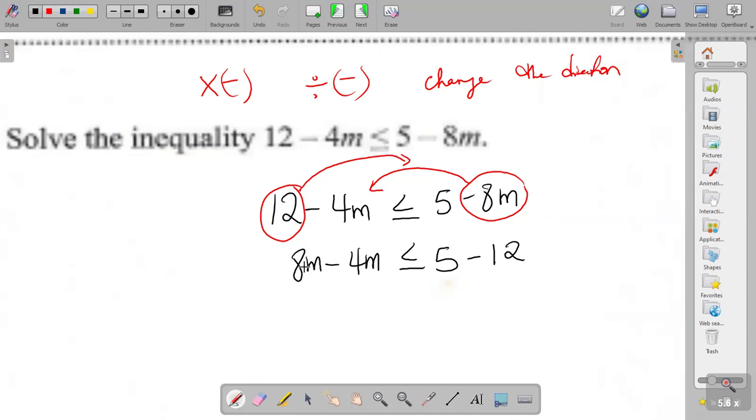So 8m, if you got 8 m's and you take away 4 of them, how much are you going to be left with? 4 of them, less than or equal to. And this is going to give us one number on the right-hand side. 5 minus 12. Excellent, -7.